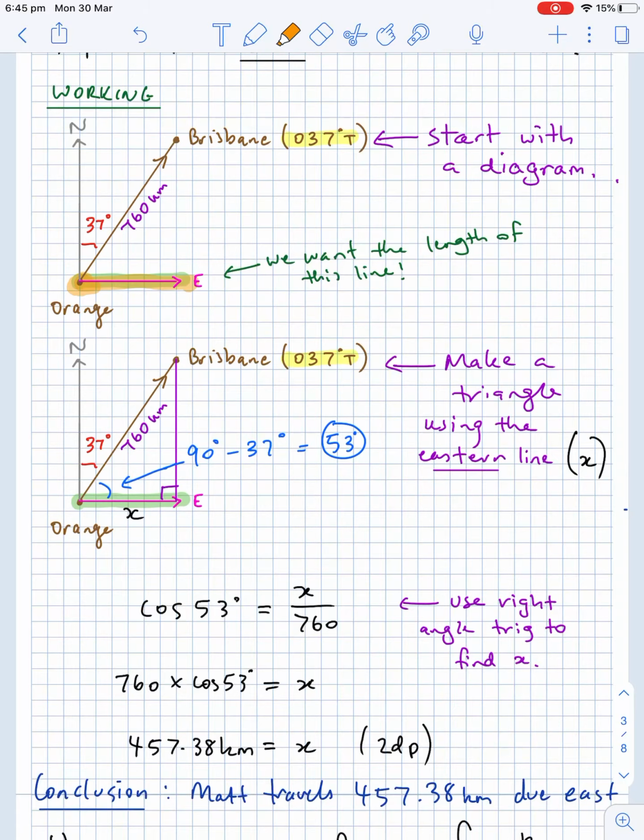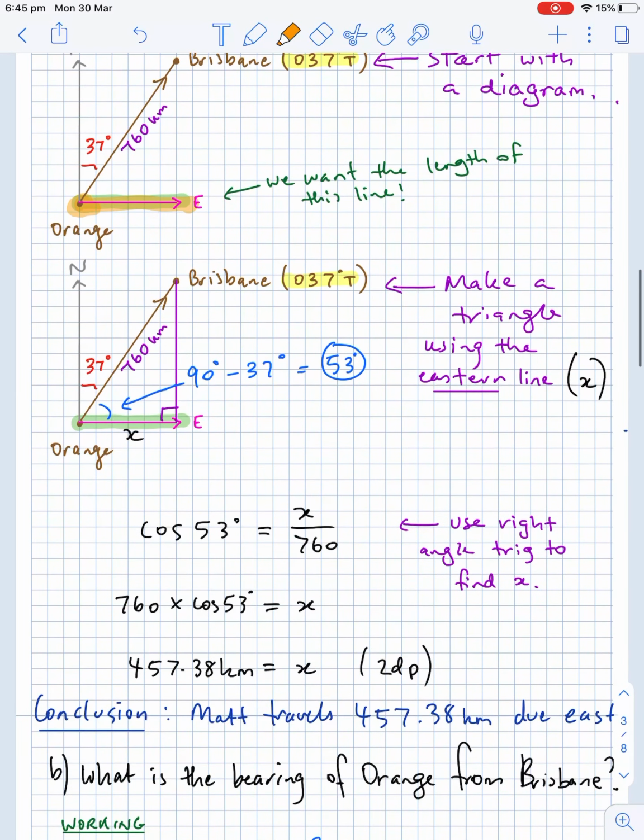One way to think about it, if you look at this diagram, that 217 means that if you set up a northern line here, the angle going from here all the way to Orange, back this way, that's going to be 217 degrees right there. Sorry about the messy diagrams.